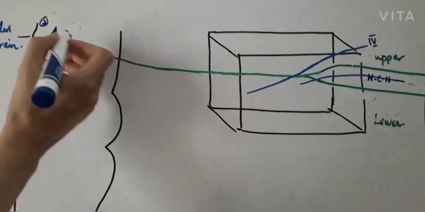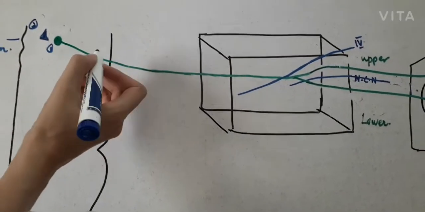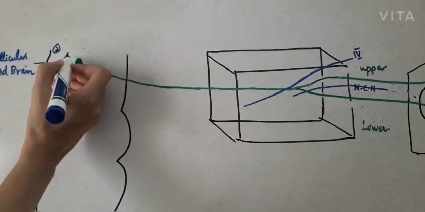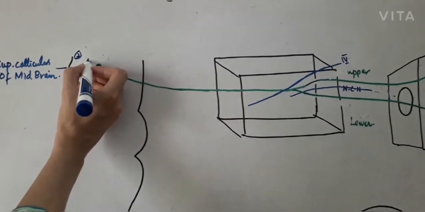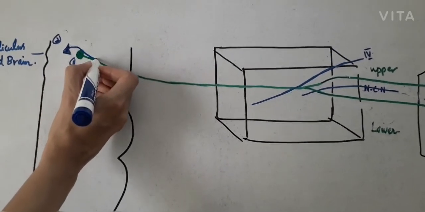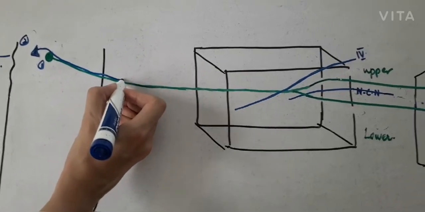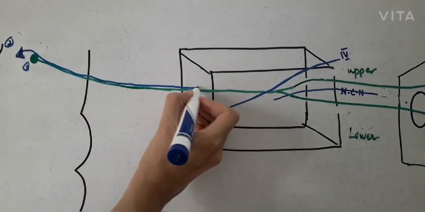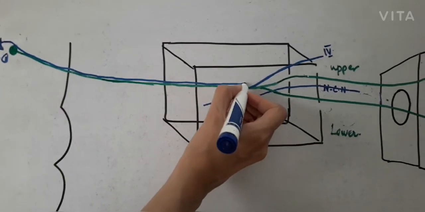Now the parasympathetic fibers, which are preganglionic fibers from the Edinger-Westphal nucleus, join the oculomotor nerve and travel with it past the lateral wall of the cavernous sinus.